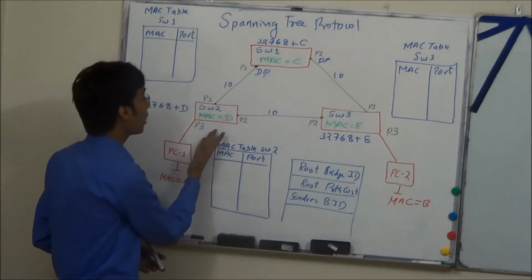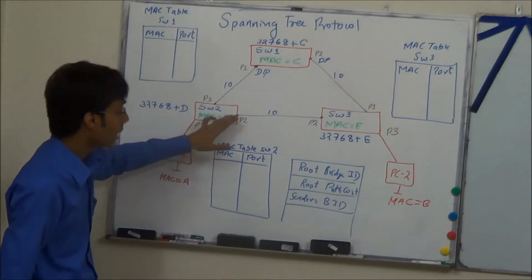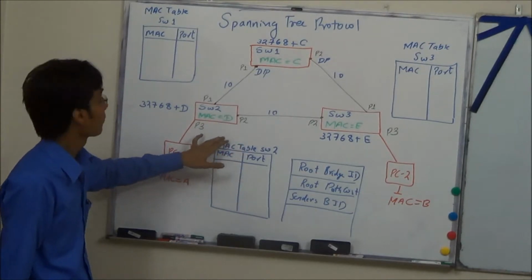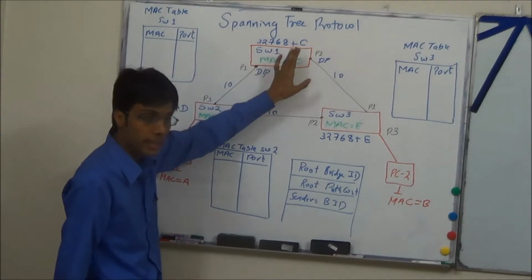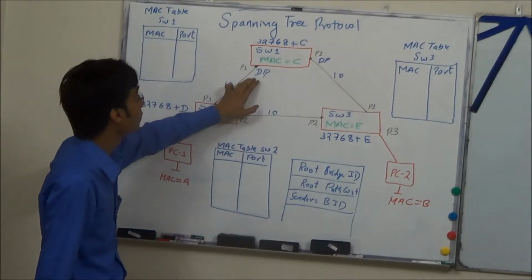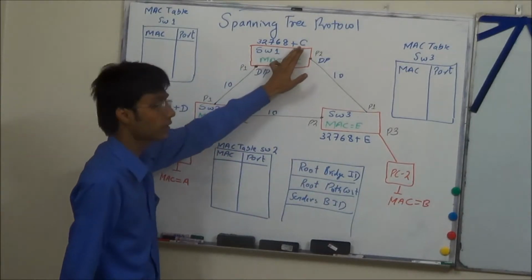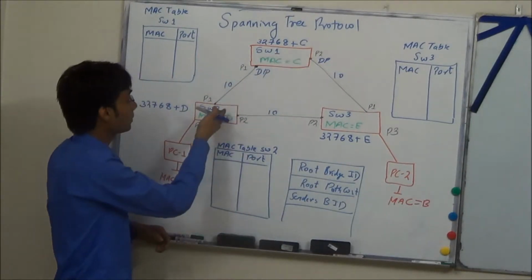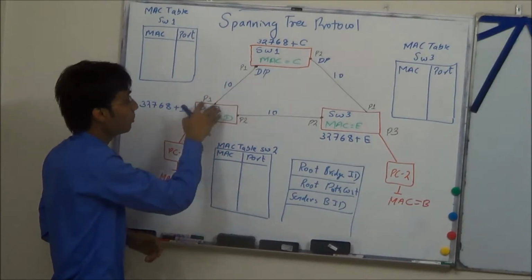So let us see how we will elect the root port on switch 2. We'll again use the BPDUs here. Switch 1 is sending a BPDU with 32768 plus C as its root bridge ID, root path cost as 0, and sender bridge ID as 32768 plus C towards this port P1. So switch 2 is receiving a BPDU at port P1.